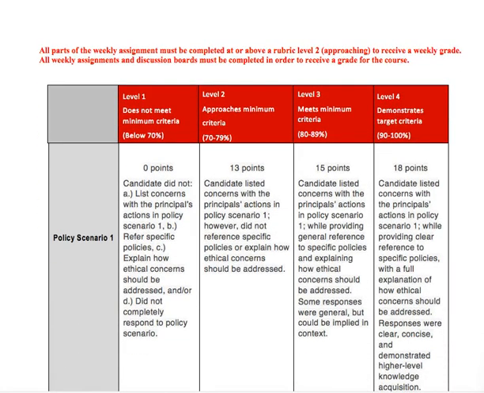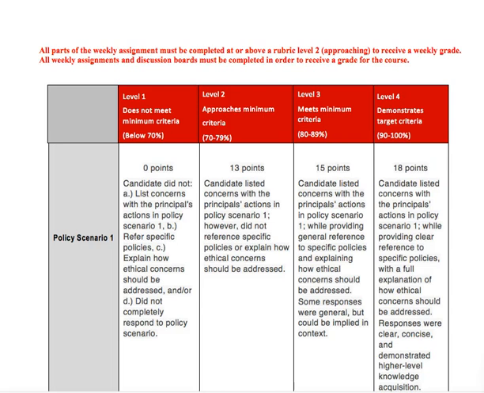I want you to notice what's above the rubric for this week's assignment. It says all parts of the weekly assignment must be completed at or above a rubric level of 2 to receive a weekly grade. All weekly assignments and discussion boards must be completed in order to receive a grade for the course. So that means if you look at Week 5 and you say, I think I'm going to make a B in the course, I'm just not going to do Week 5, you're not going to get a grade for the course.